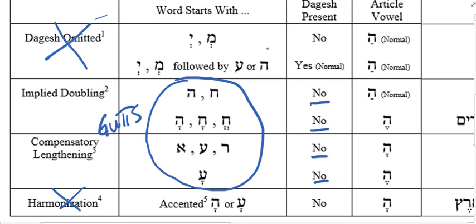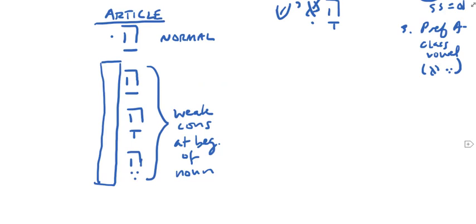When there's a guttural in the beginning of the word, and I want to put the article in front of it, what's the article going to look like? Well, it's going to be ha with no dagesh, he with no dagesh, ha with a kametz but no dagesh, or he, right? And that is exactly what we see here, what I just told you.